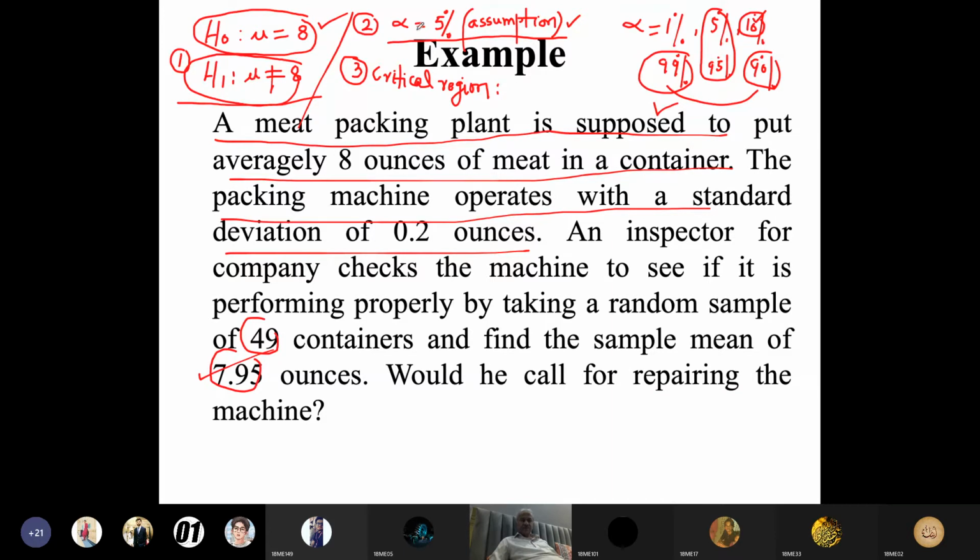So 5% level of significance. If 5% level of significance, then half of the error goes one side and half of the error goes the other side.